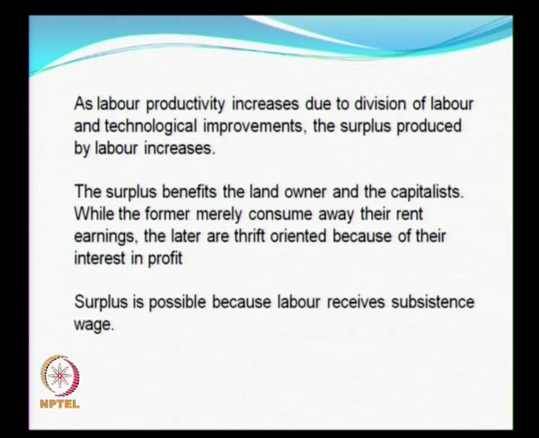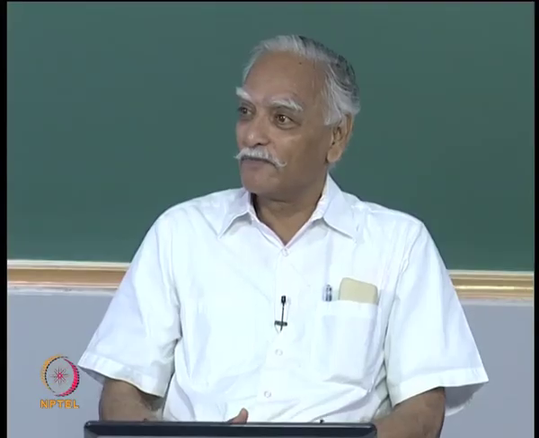whereas the capitalists oriented towards profits and gains, when they get their money, they are thrifty, they save it, they accumulate more capital. So he sees growth as a process which involves the thrifty accumulative behavior of the capitalist on the one hand and the ability of labor to produce surplus on the other. A combination of these two he sees is the secret of economic growth.